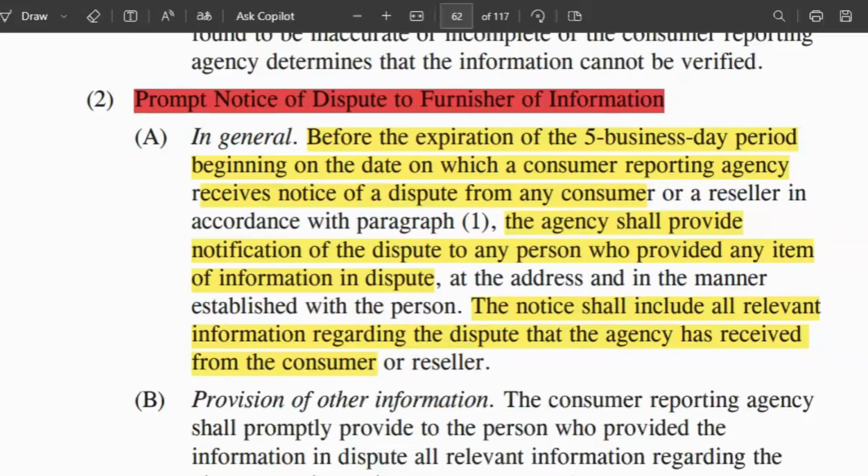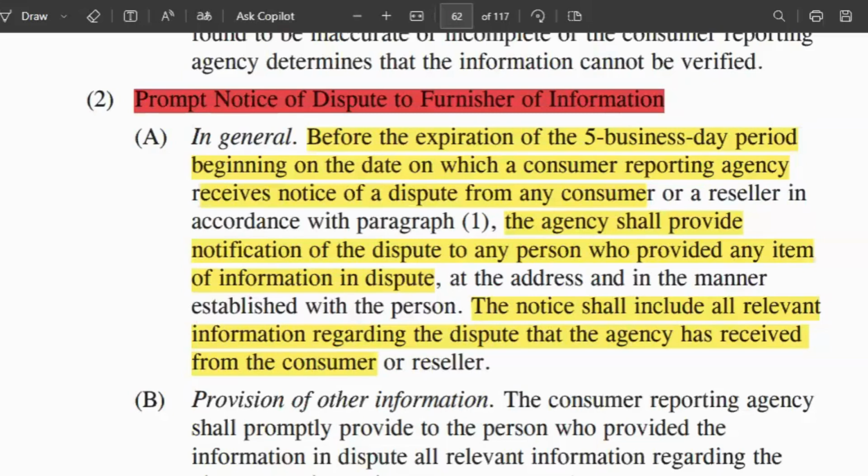So there's a duty that the Consumer Reporting Agency must follow. Once they receive notification that you are disputing an item of information on your credit report due to inaccuracy or incompleteness, they must promptly notify the furnisher of the information, and they have exactly 5 business days to do that. Okay, so I want you guys to understand that.